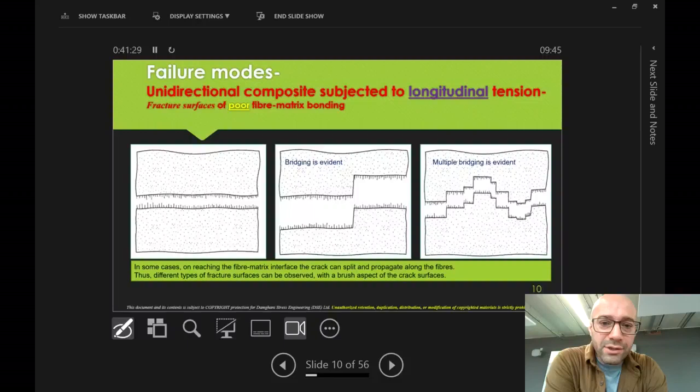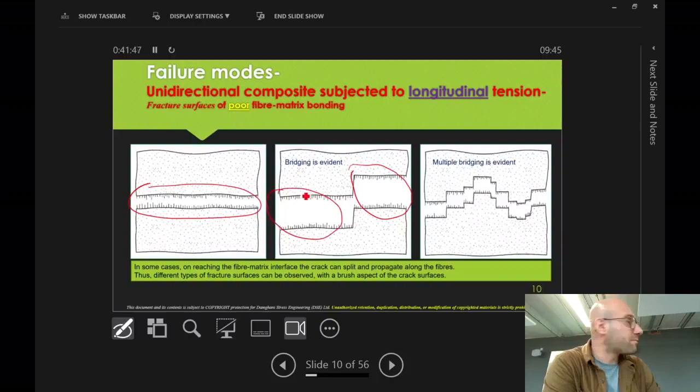For poor fiber matrix bonding, as we said, this was a detailed form of that. So the fracture surface could be like that, a brittle one, depending on how debonding is happening. You could have a bridging effect of different crack surfaces, and you can have multiple bridging. That could happen. Whereas in a perfect bond, this is what you get.